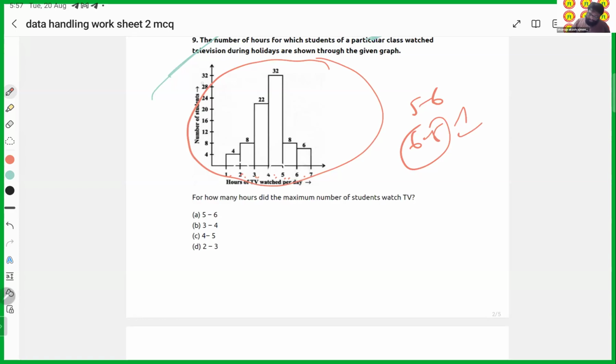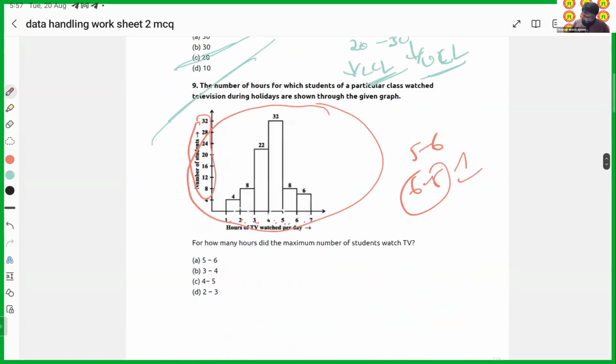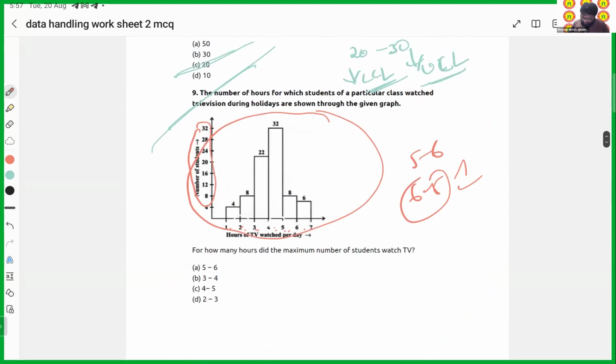And here you see the number of students, for example watching TV. This is a bar graph, so you can mention anything on the x-axis and y-axis. But in a histogram, there should be a class interval for sure and frequency for sure. To construct a histogram, there should be frequency on the y-axis and the x-axis will be the class interval.